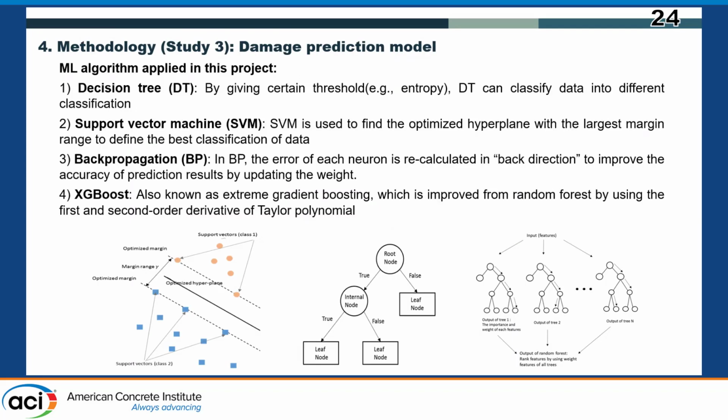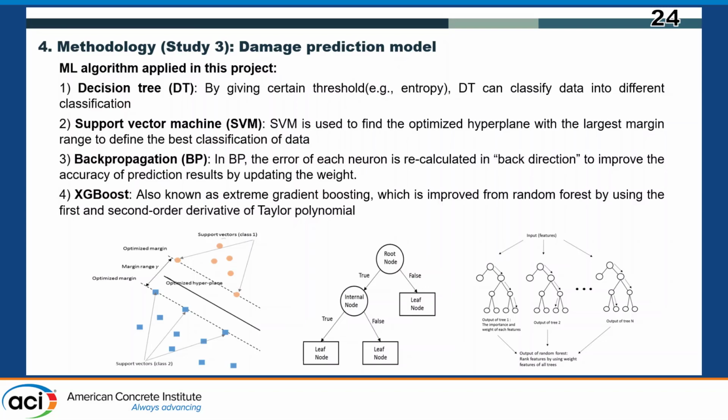And after we obtain the data from the field test or from the actual moving load model, we need to develop a damage prediction model with machine learning algorithms. Here, I prepared 4 different commonly used algorithms. I cannot explain too much, like parameter settings, but I just want to point out the most important thing of machine learning, the concept.